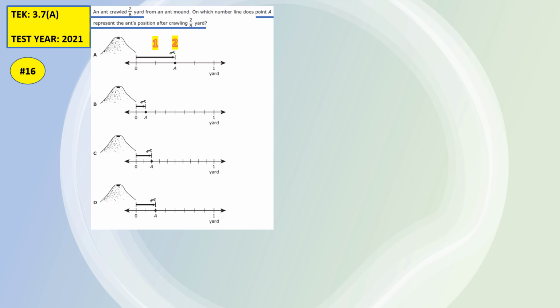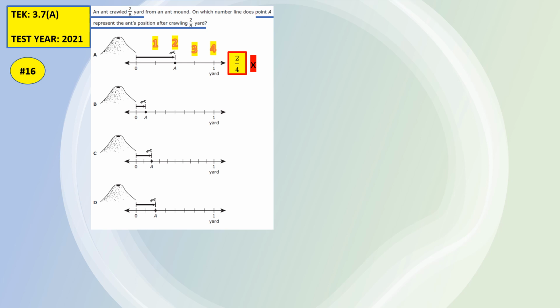Then where that A is, that's 2. The next mark would be 3. And once we get all the way to 1, that's 4 marks, which means we're counting by fourths. We're looking for 2/8. Answer choice A represents 2/4. So that's not it. We want 2/8.